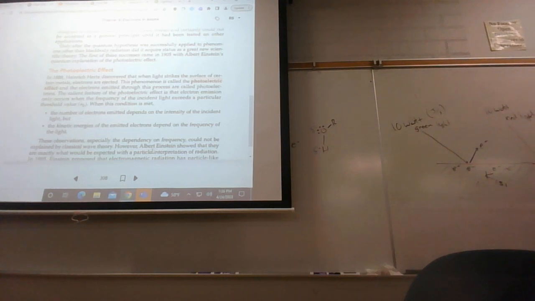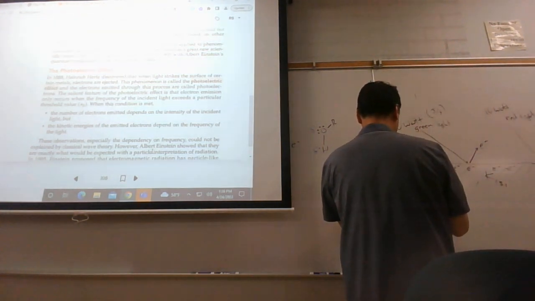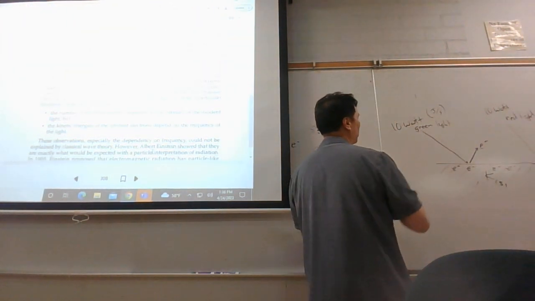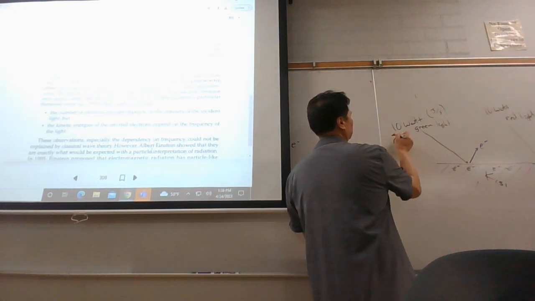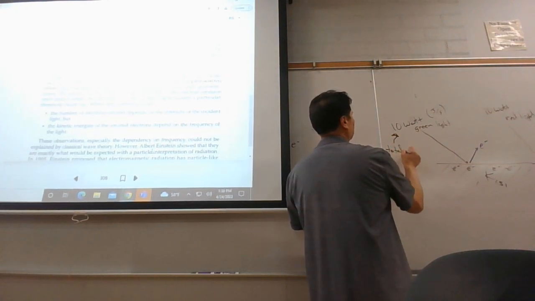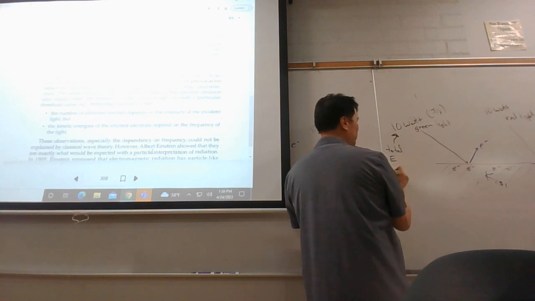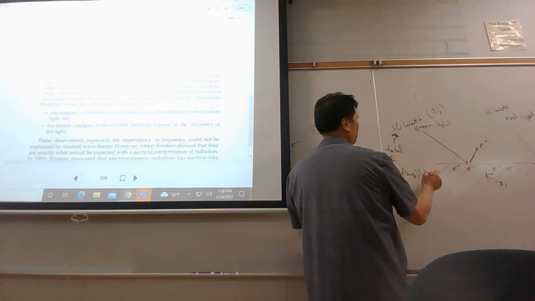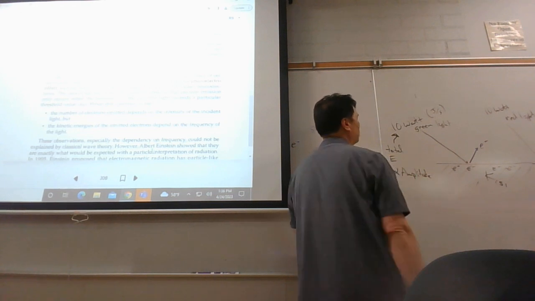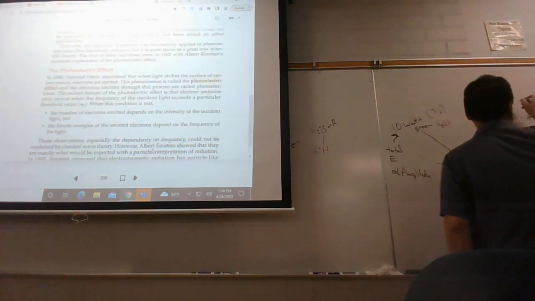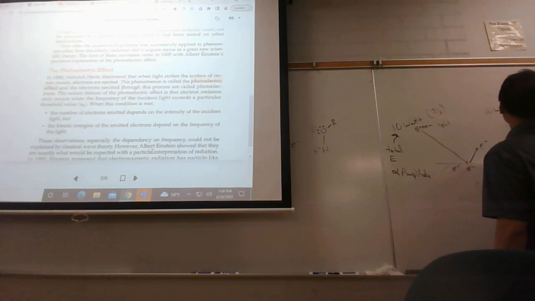In fact, 10 watts of red light does nothing to this. And so energy is a little bit more tricky. This 10 watts, this is the total energy or the power, which is proportional to the amplitude or the intensity. And so we have the same total energy here.